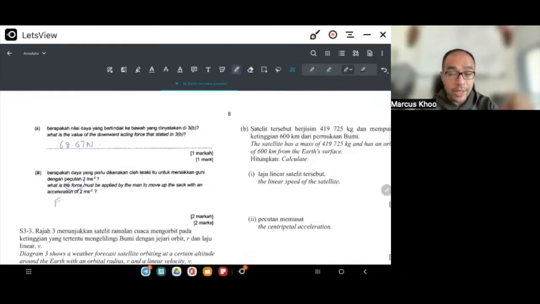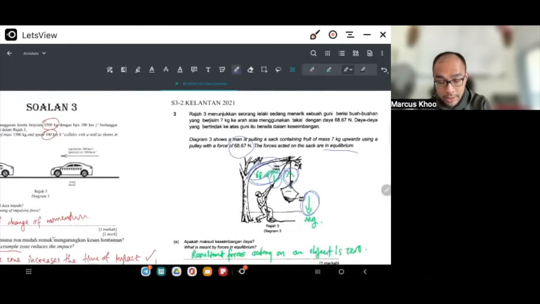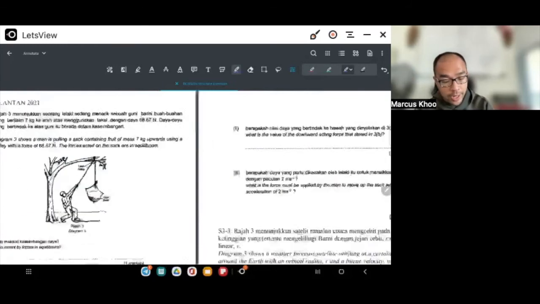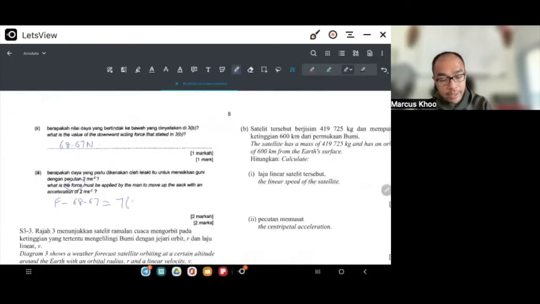So the force that you're pulling with minus the 68.67 must equal the 7 kilograms times the acceleration, which is 2, because we're using net force equals mass times acceleration.